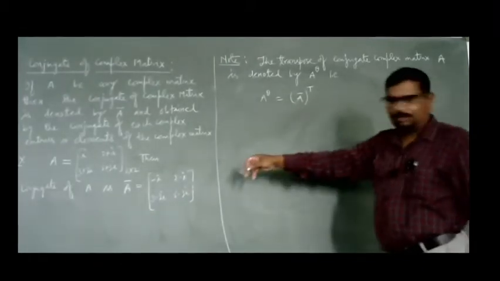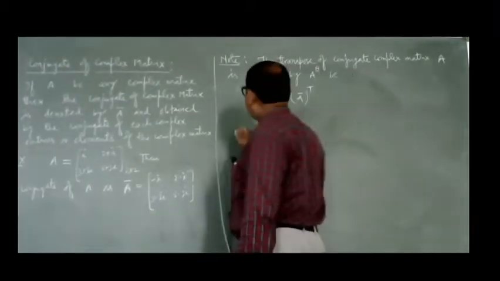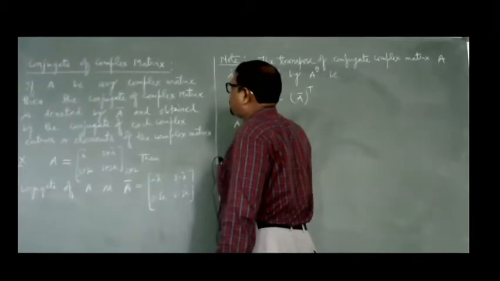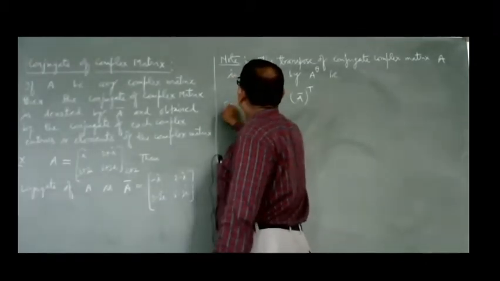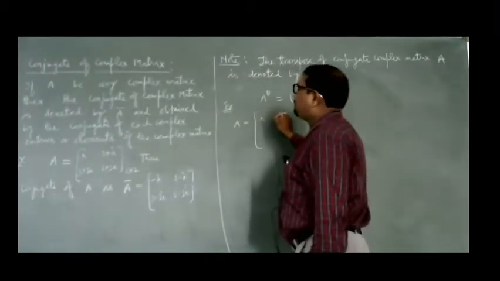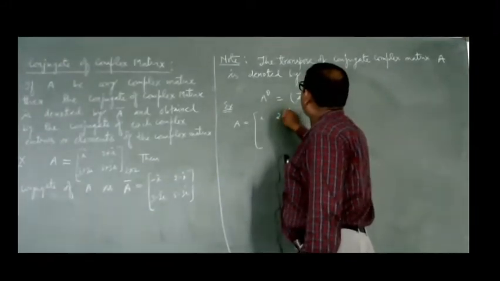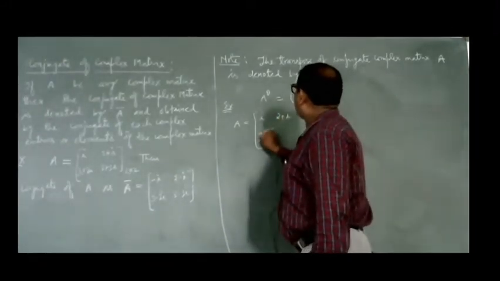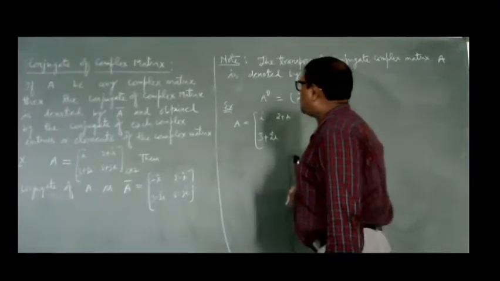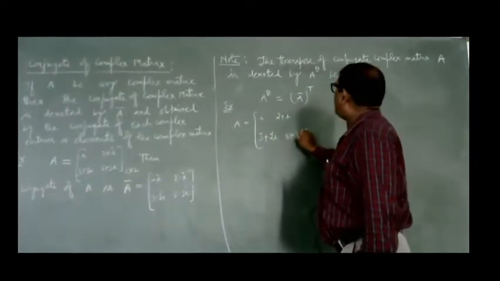So in this example, you can see A is equal to i, 2 minus 2 plus i, 3 plus 2i, 5 plus 3i.